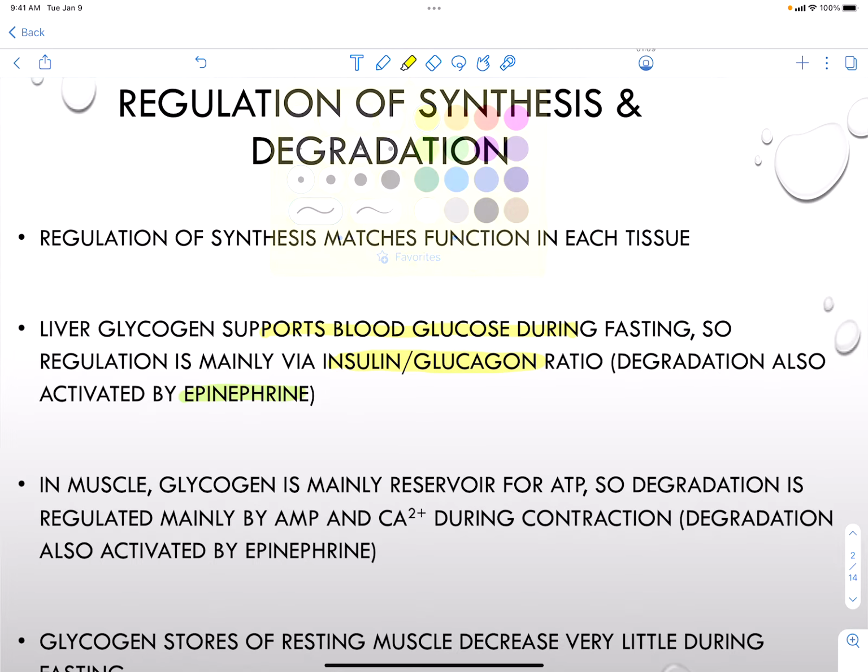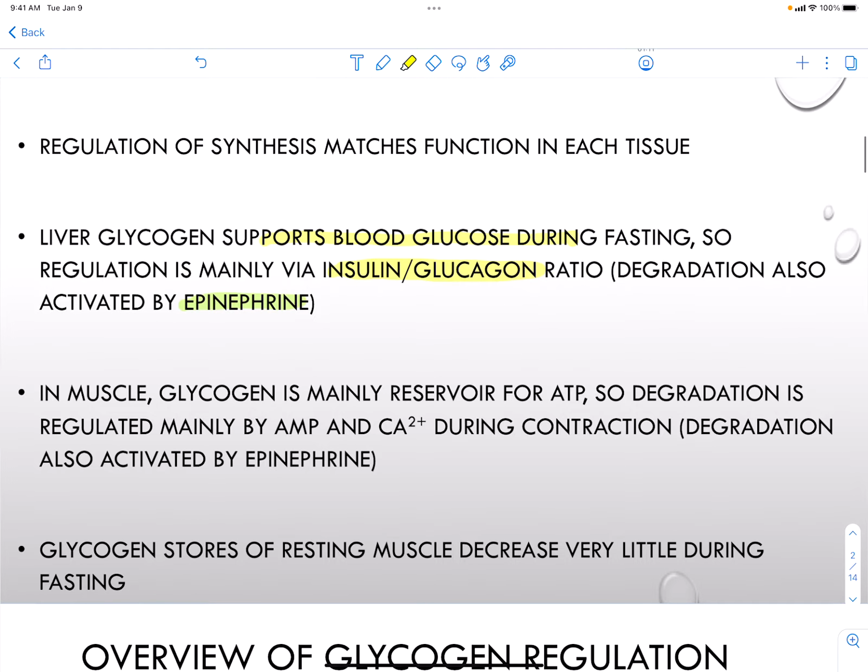Now, in the muscle cells, your glycogen is going to be used for ATP for the actual muscle cell. So it's going to be regulated mainly by need. So the presence of increased AMP. AMP is an allosteric activator of glycogen degradation, as well as calcium. So calcium is going to be released when you do exercise, when you do work.